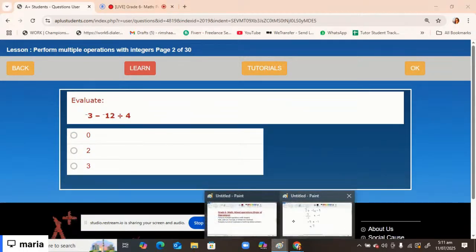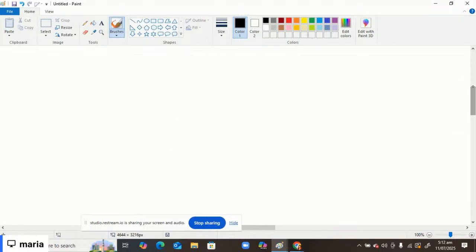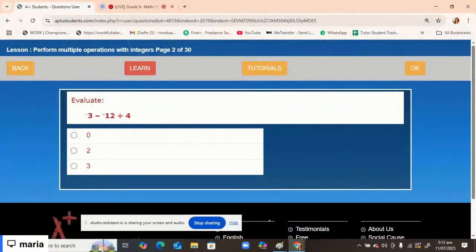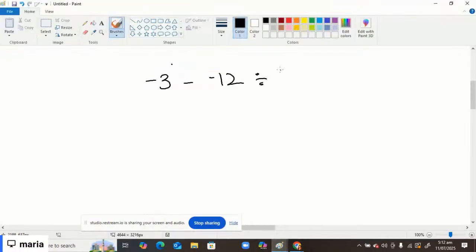Now minus 3 minus into minus 12, divided by 4. So minus 3 minus minus becomes plus 12 divided by 4.